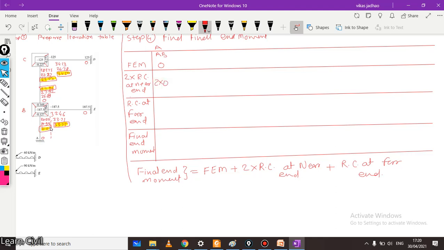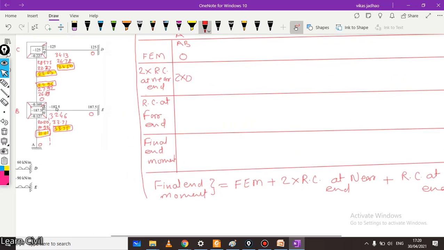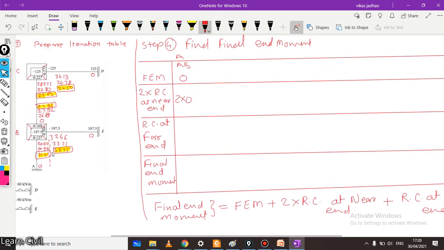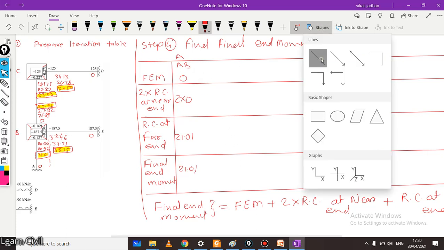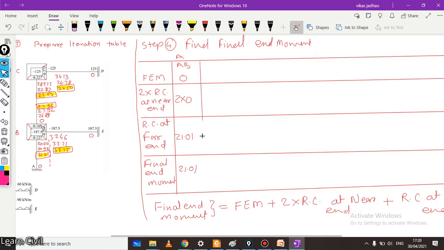Rotation contribution at far end for member AB is 21.01, which is given here. So final end moment will be the sum of all these three, which is 21.01. This is how the final end moment for AB is calculated.